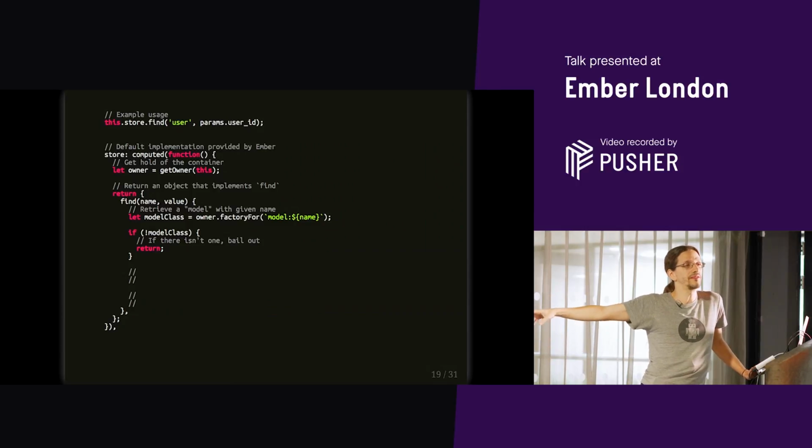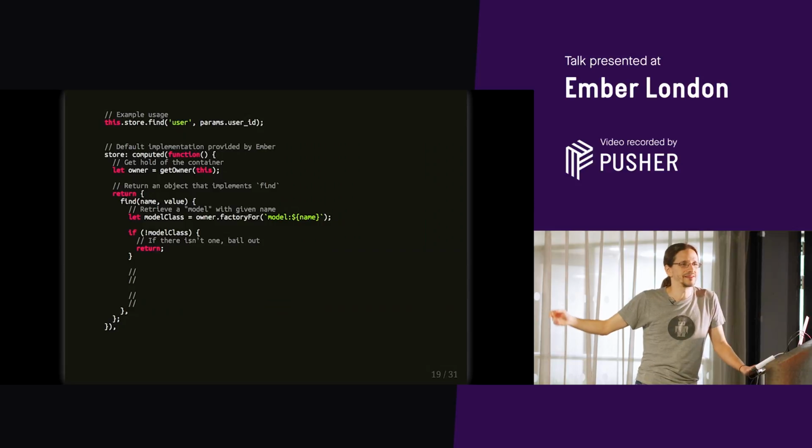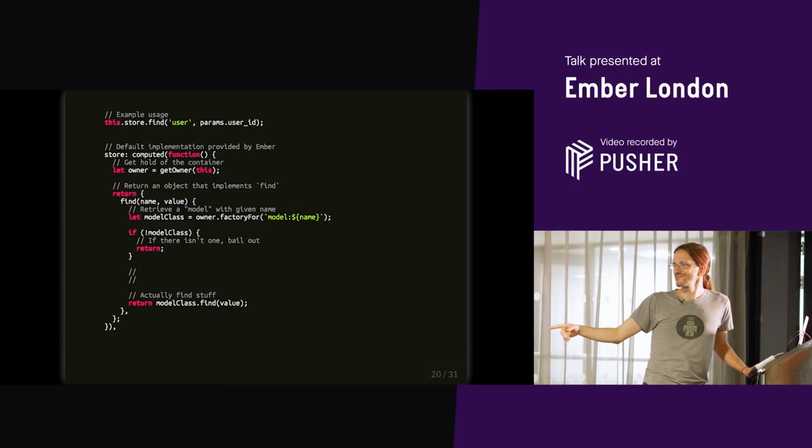So it looks for a model with the name that we have passed in. And if this model doesn't exist, we just bail out, because, well, that's clearly not what the client code was intending to do. The next thing I'm going to unveil is it uses .find on the model it got through the dependency injection container, and we're done.